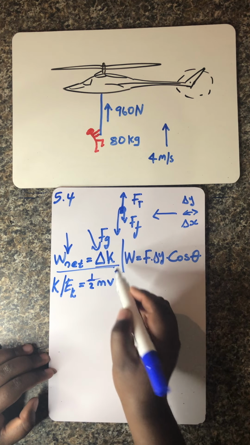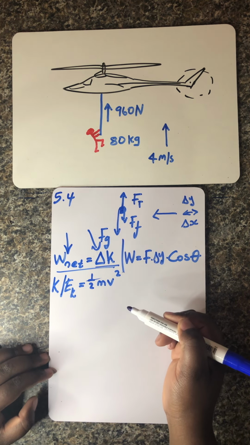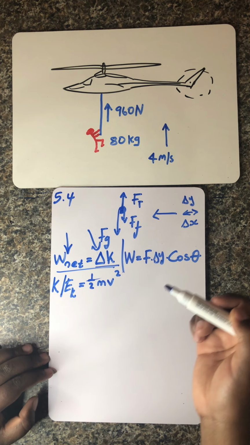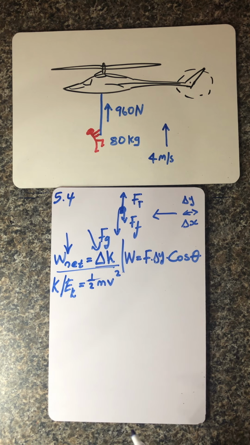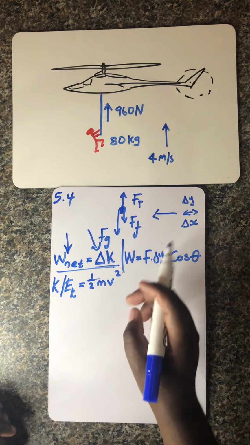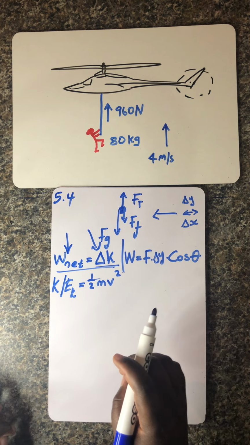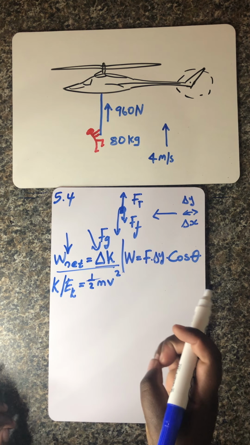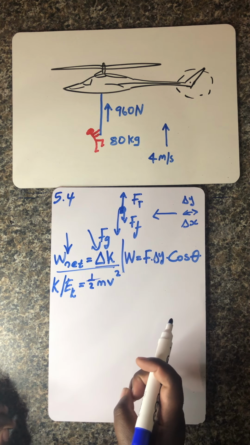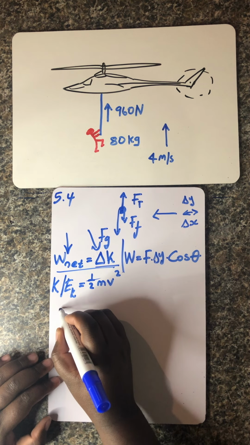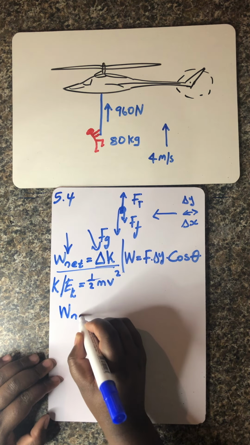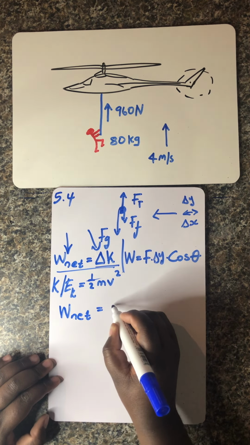So this K is another type of energy, which is kinetic energy. It refers to objects moving at a particular speed. We also have potential energy, which is for objects which gain energy as they gain some height.